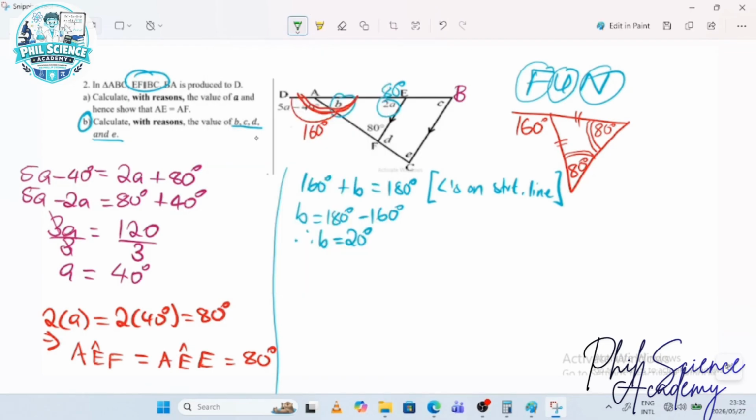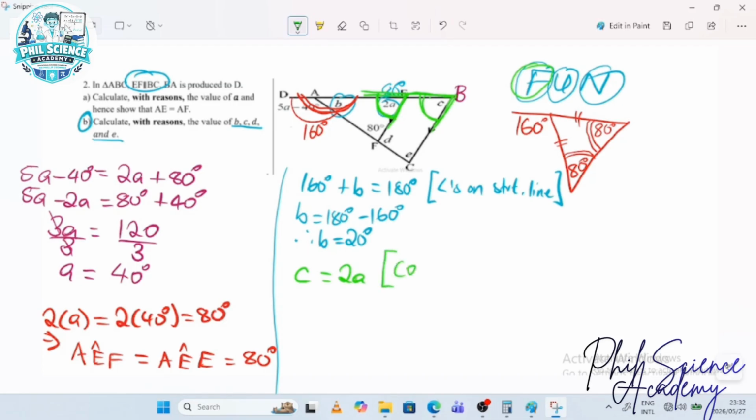First things first, I already see that there is an F being formed. Remember, you follow the parallel lines, forming an F, and then we can see that this angle here is equal to this angle here, corresponding angles. So we can see that C is equal to 2A.